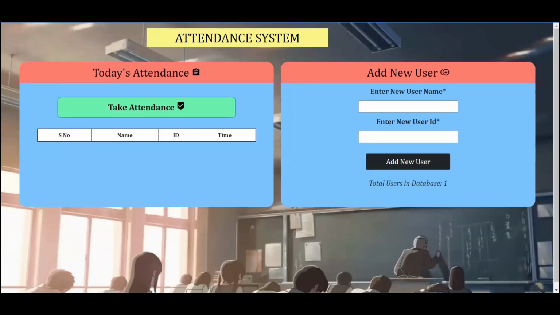As you can see, it automatically closes as it has collected my images, and now it shows total users in database 1 because there's only one entry.